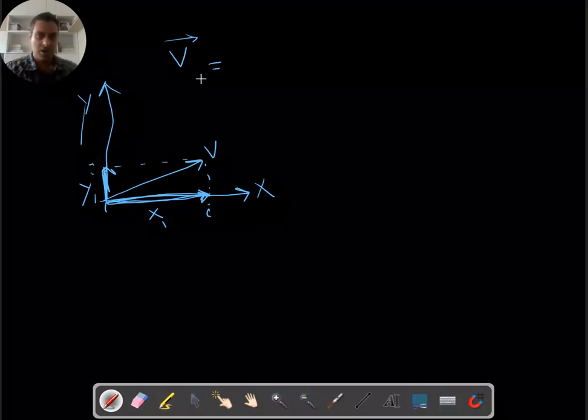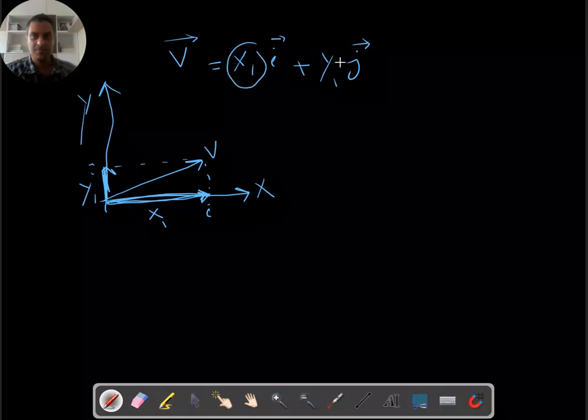So the V vector is x1 in the i direction, in the x direction, and y1 in the j direction, in the y direction. This is a number, this is a number. This much of V exists alongside the x-axis, and this much alongside the y-axis.